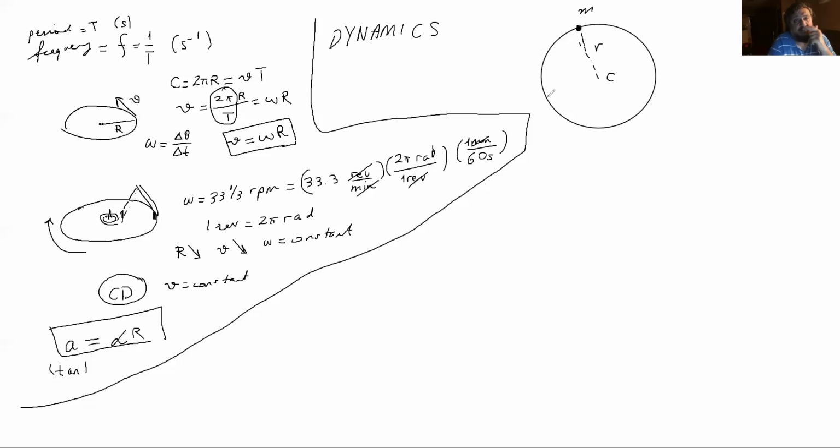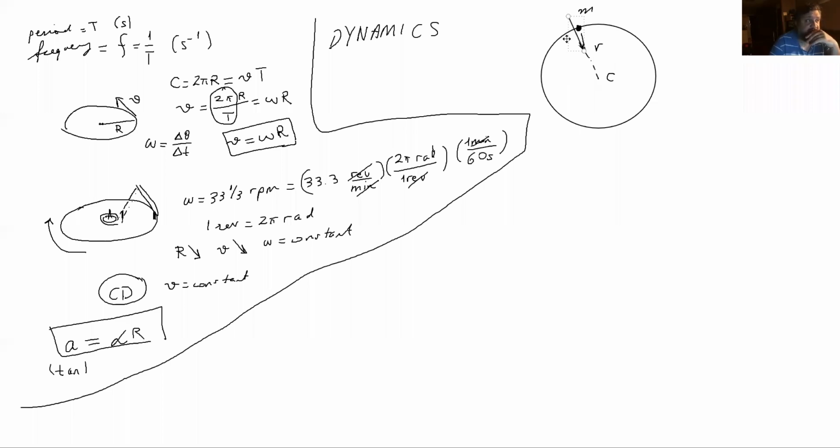R. Now, if this object is moving along a circle, we know that there's acceleration, okay? Whether it is speeding up, slowing down, or moving with constant speed, it doesn't matter. Just because it's a circle, there will be an acceleration which points to the center, okay?